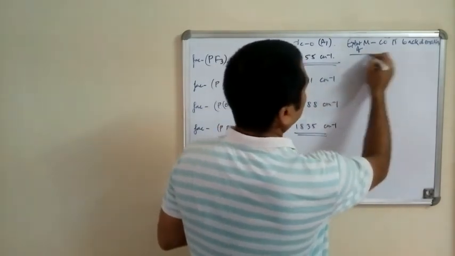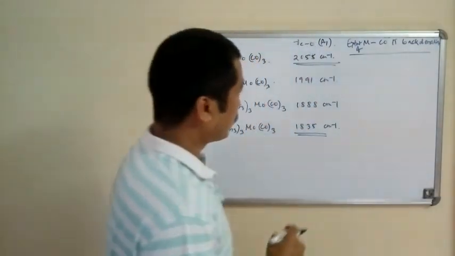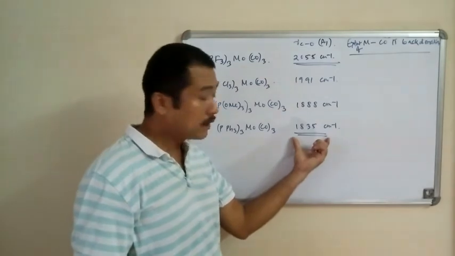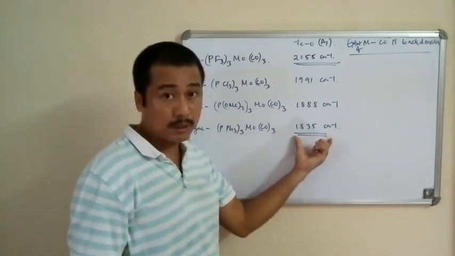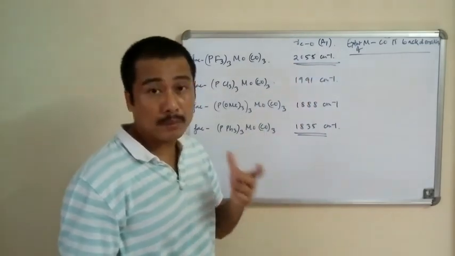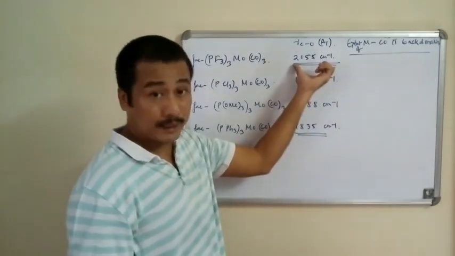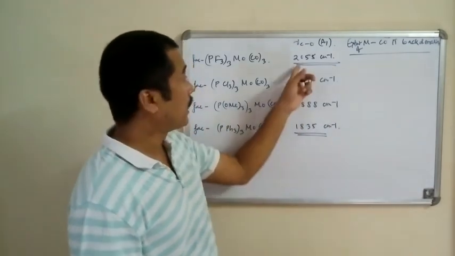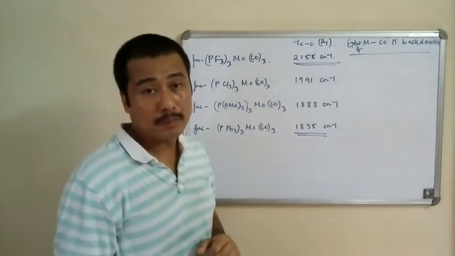So the extent of metal to carbon monoxide pi back donation is highest in this case, and that is why the CO stretching vibration appears at the lowest wave number in this case, while metal to carbon monoxide pi back donation is the lowest in this case, and that is why the CO stretching vibration appears at higher wave number in this case.